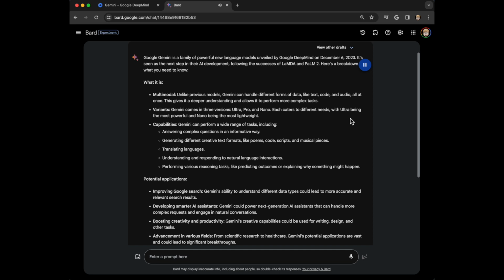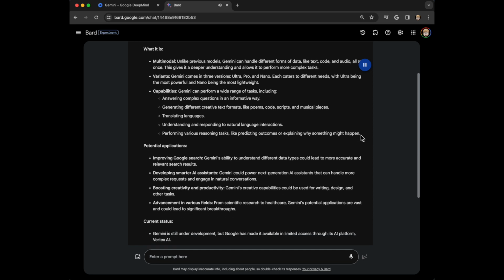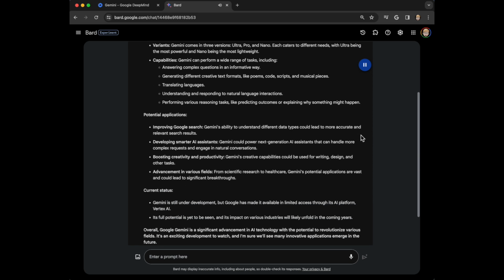Capabilities. Gemini can perform a wide range of tasks, including answering complex questions in an informative way, generating different creative text formats, like poems, code, scripts, and musical pieces, translating languages, understanding and responding to natural language interactions, performing various reasoning tasks, like predicting outcomes or explaining why something might happen. Potential applications. Improving Google search.